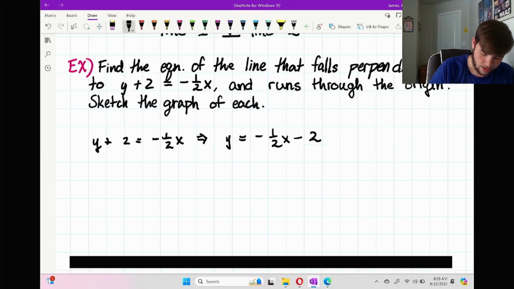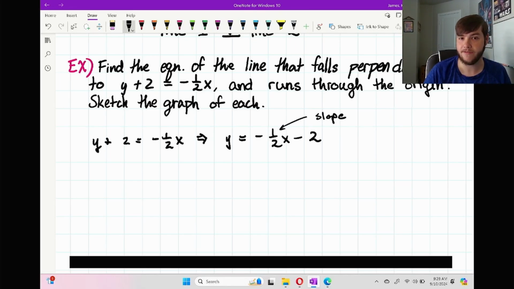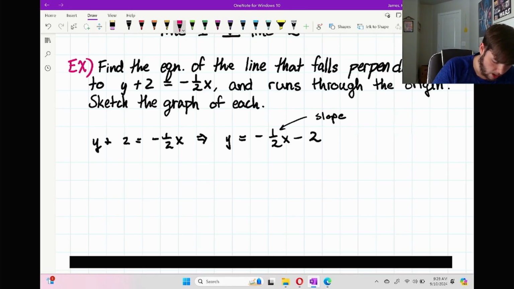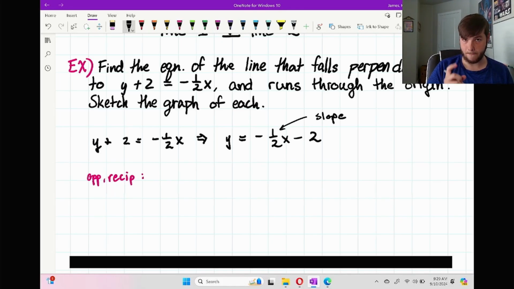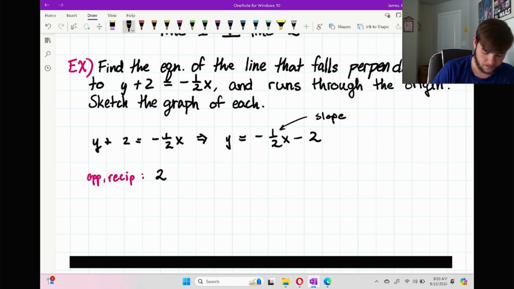Now I know this guy's slope is -1/2. So my opposite reciprocal, or perpendicular slope, is going to be the opposite of that, positive, and the reciprocal of that, 2. I flip it over and change the sign.